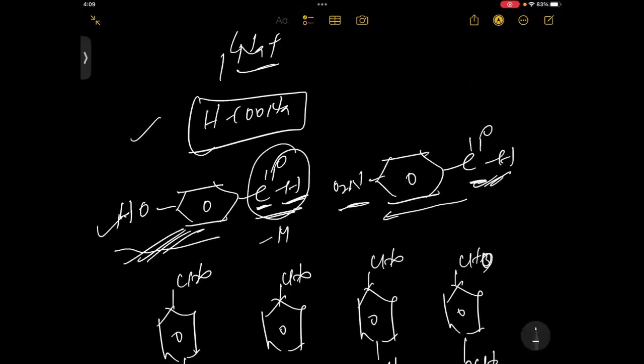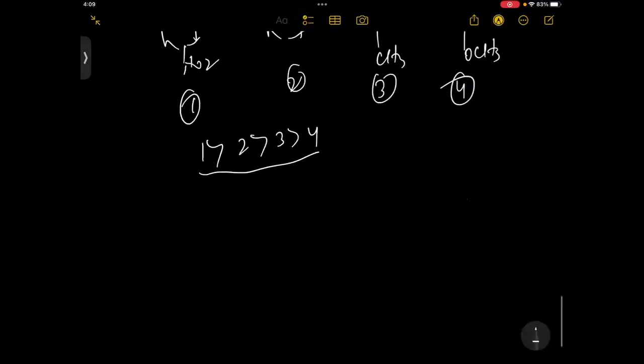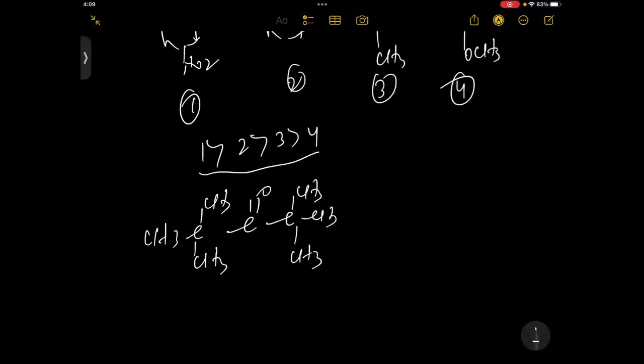One more example I give you: CH3 CCH3 CH3 C double bond O C CH3 CH3 CH3. It is also not involved in the Cannizzaro reaction. Why? There are no hydrogens here for a hydride shift. In the mechanism we have done, the hydride shifts from one molecule. So suppose the OH minus attacks here, then what will happen?